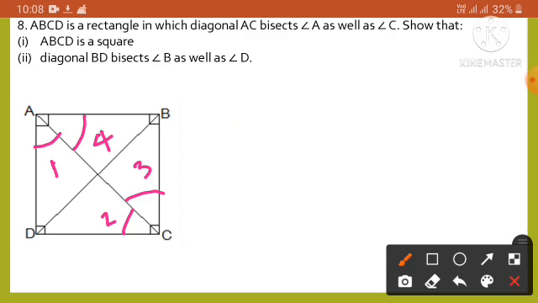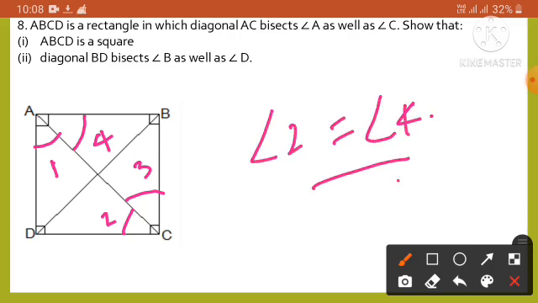Since every rectangle is a parallelogram, ABCD is a parallelogram here. Now AB is parallel to CD and AC is the transversal. So angle 2 equals angle 4 here, because these are alternate interior angles, and we know alternate interior angles are equal.